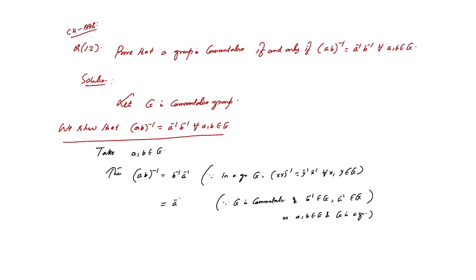So obviously we can write it as A inverse B inverse. Therefore (AB) whole inverse equals A inverse B inverse. And since A, B belongs to G are arbitrary elements, this holds for all A, B belongs to G.